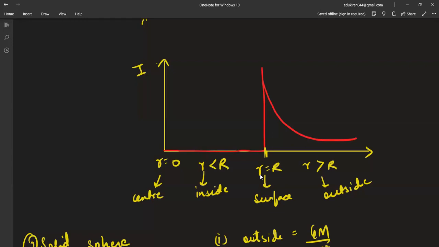Any point in between these two becomes inside, so small r is less than capital R inside, and outside means small r is greater than capital R. It's 0 inside, that's why this is the graph. Then at the surface there is a value, and outside this is inversely proportional to small r square. I is inversely proportional to r square, that's why we are plotting the graph like this. Note down this, then we'll see the solid sphere.